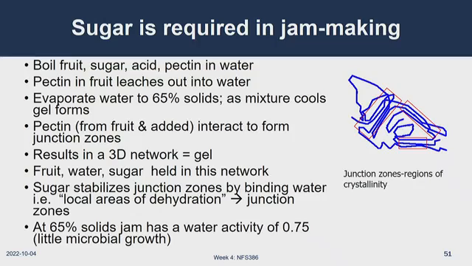When the temperature drops, these junction zones result in a 3D structure, a gel that is formed, like a consistent one.